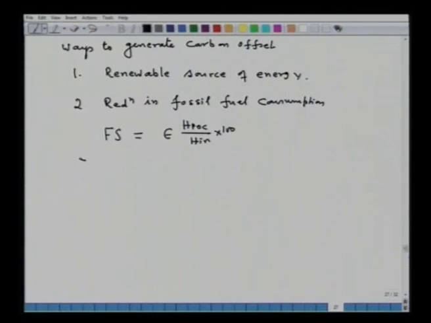Let us say H_POC upon H_in is equal to 0.5 at 1240 degrees Celsius and epsilon is equal to 0.3, then fuel saving is 15%.